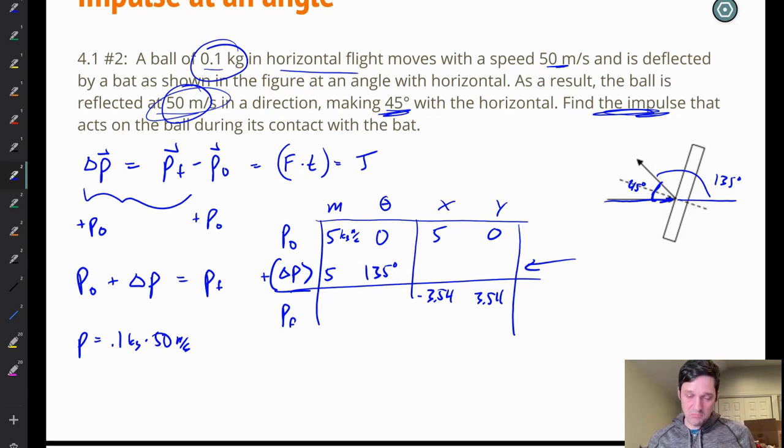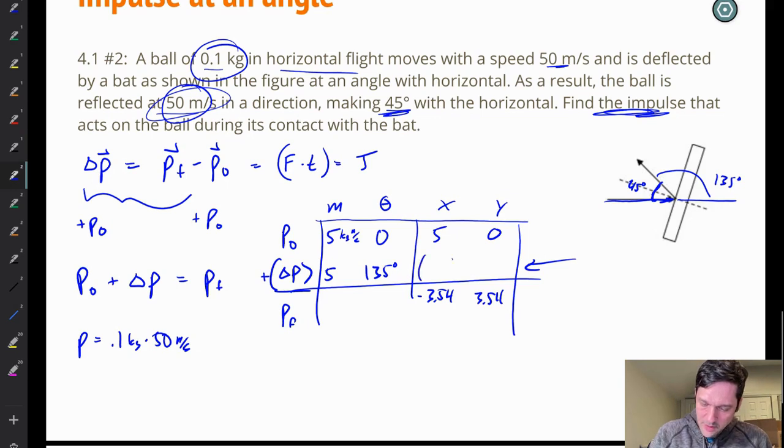So then the question is, all right, well, how did I get from these values to these values? I basically just got to fill in the missing ones. Well, basically what this is showing is that it had some positive x momentum, which has changed and reversed its direction. So it's undergone quite a large change in momentum in the x direction.